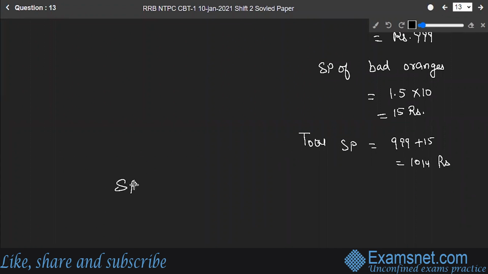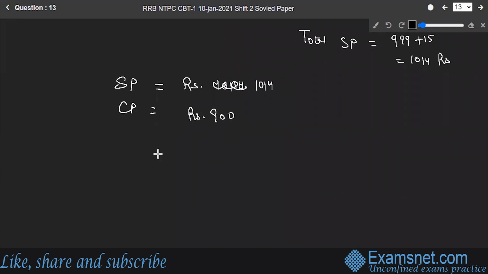So selling price came out to be rupees 1014 and the total cost price was 900. So what is the profit percent? First of all, profit was 1014 minus 900, which is equal to 114.